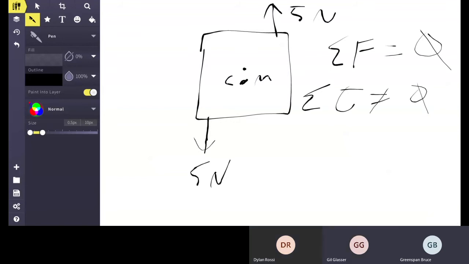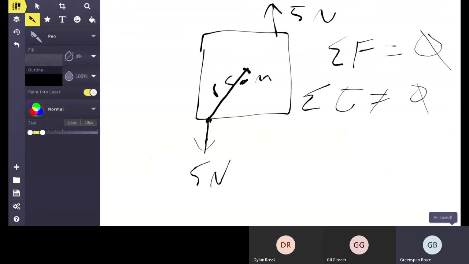So torque is a turning force. To solve these kinds of things, you take the point of application of the force, like right here, and you draw the lever arm to the pivot. Okay, so the pivot is here.